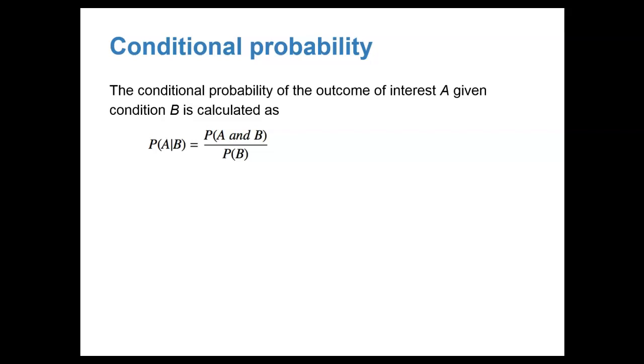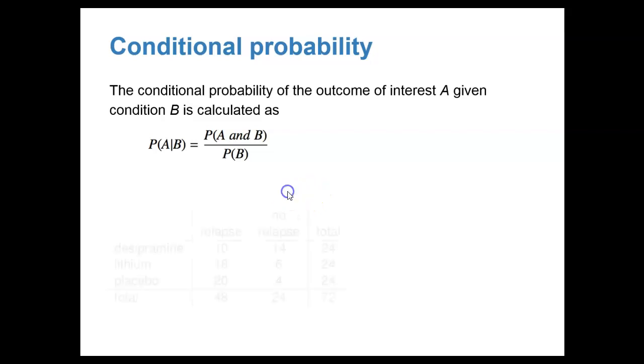In other words, the probability of event A given, that's what the vertical bar means, is the word given that event B was true. Okay, so the formula is the joint probability of A and B divided by the marginal probability for B is equal to the conditional probability of A given that B occurred.